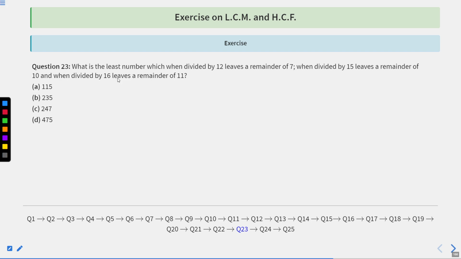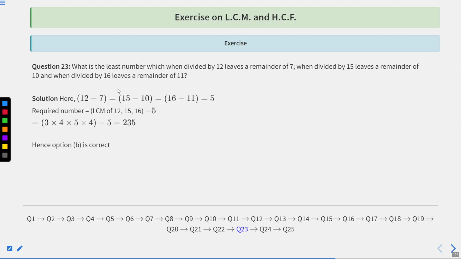Question number 23. What is the least number which when divided by 12 leaves a remainder of 7, when divided by 15 leaves a remainder of 10, and when divided by 16 leaves a remainder of 11?